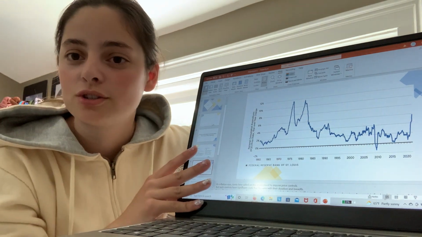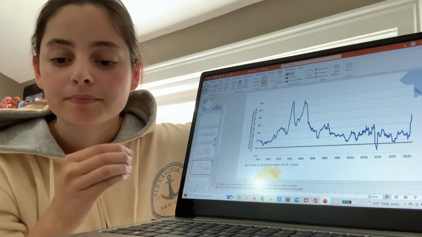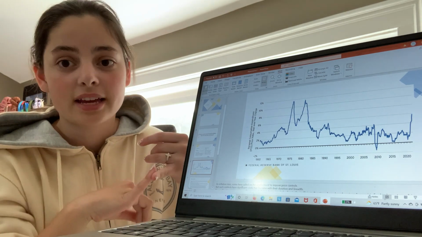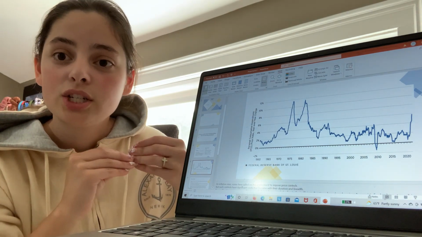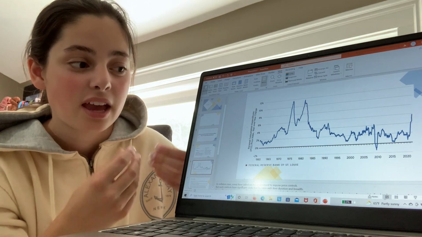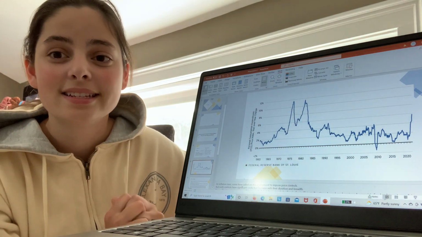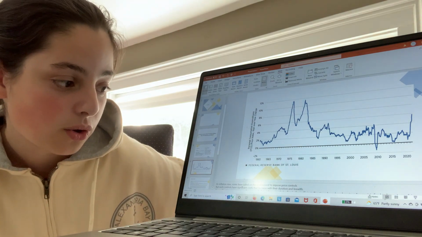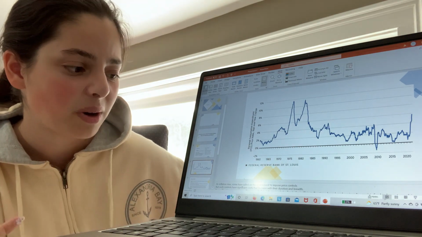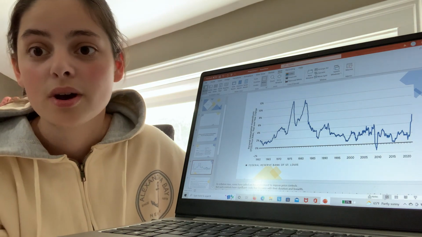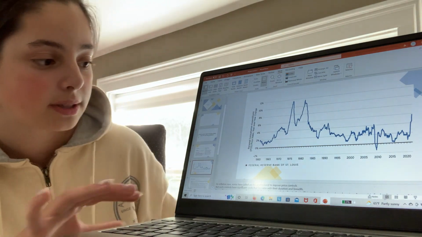So this just goes to show how important things like inflation and knowledge of economics can be, because right now we're in a period of inflation, which has led many people to call upon the government asking to impose price controls.